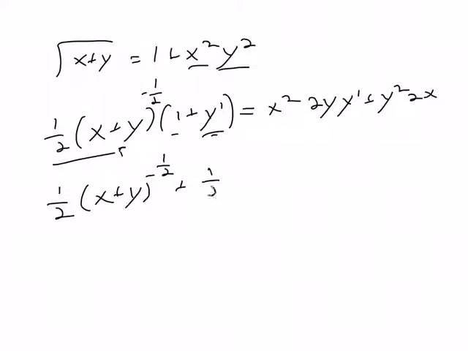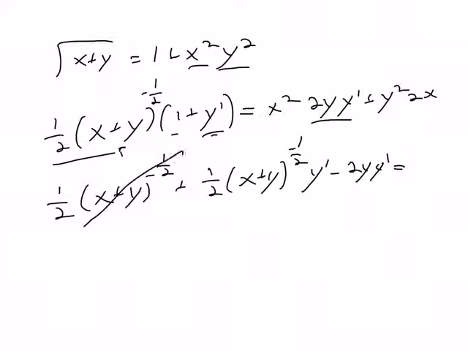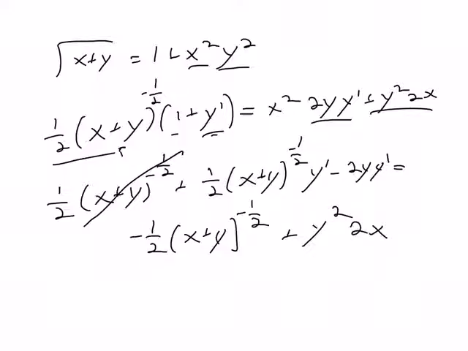It's going to be a half x plus y to the negative a half times y prime. And then I'm going to just move this over, so I'm going to get negative 2y, y prime is equal, and I'm actually going to move this over to the other side, so I'm going to get negative a half x plus y to the negative a half, and then plus that, so plus y squared 2x.